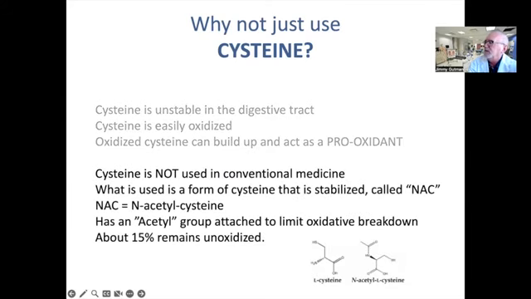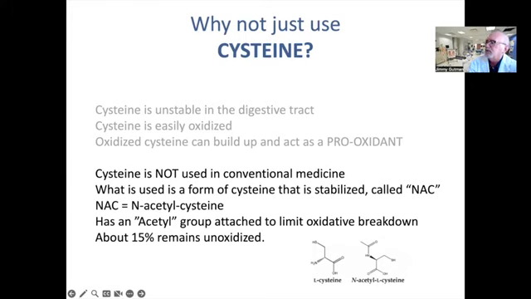Another proof of its inability to raise glutathione adequately is the fact that cysteine is not used in conventional medicine to raise glutathione. In the 1960s, an altered form of cysteine was developed that could withstand oxidation. Biochemists added an acetyl side chain, which offered protection to the molecule and is thus called NAC or N-acetylcysteine.